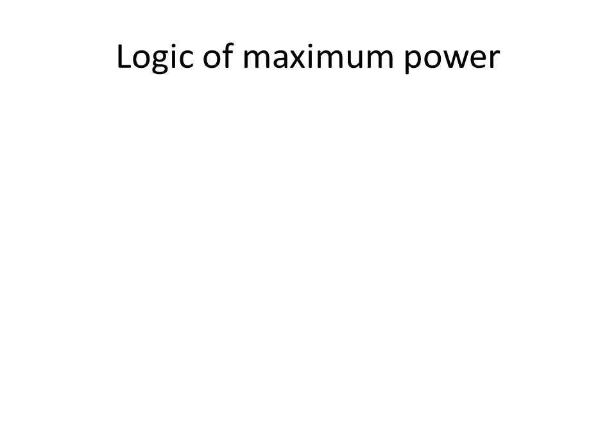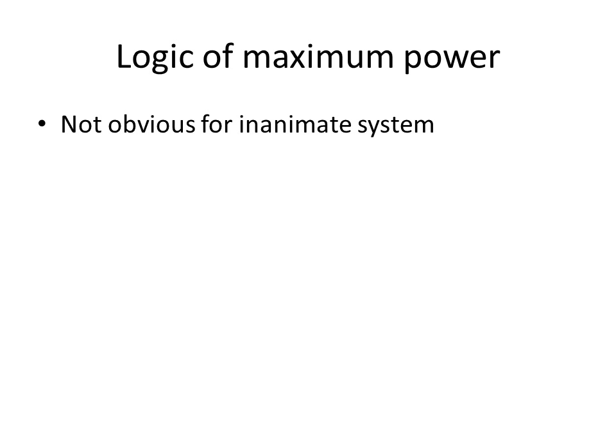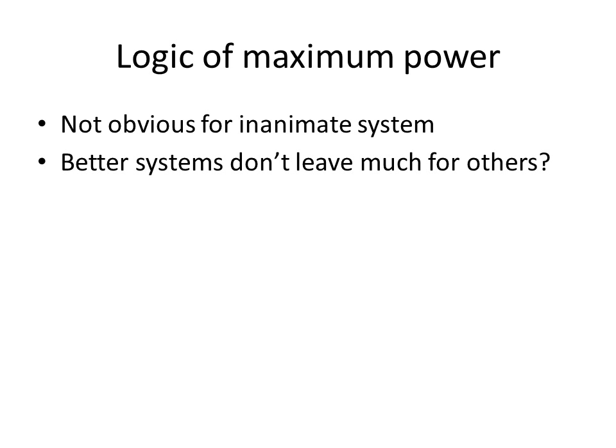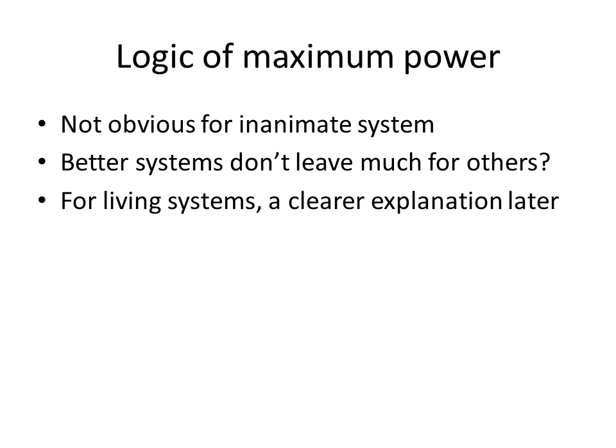For inanimate systems, the logic isn't obvious. Perhaps it's that a system that does a better job doesn't leave enough gradient to power any alternatives. For living systems, we'll have a clearer explanation later in the chapter. But before we get there, we have to take a detour, passing through complex systems and complex adaptive systems on our way to evolution. Start with an example of a complex system.